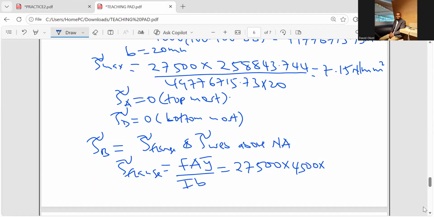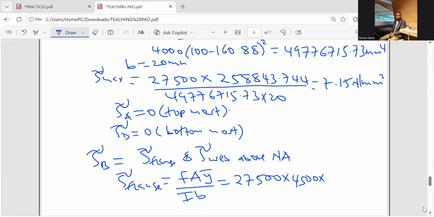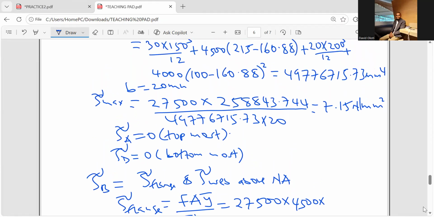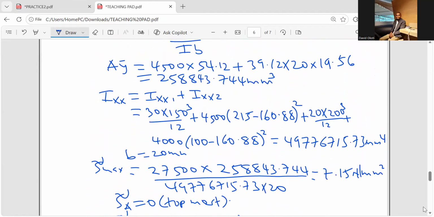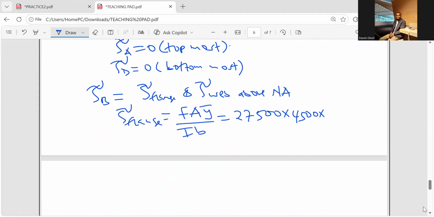We already had it, the value is here, as 54.12. We shall just substitute 54.12 divided by, now the value of I is the same.